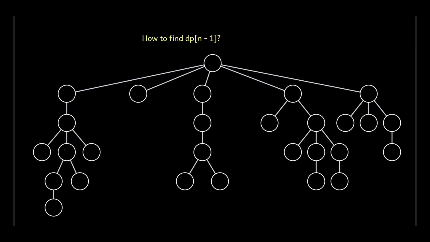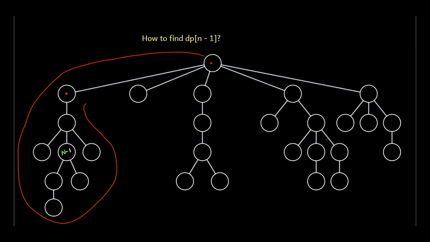So let's locate where n minus 1 is. And you see that this n minus 1 is in this child's subtree. So let's call this the heavy child. So these are the heavy nodes.